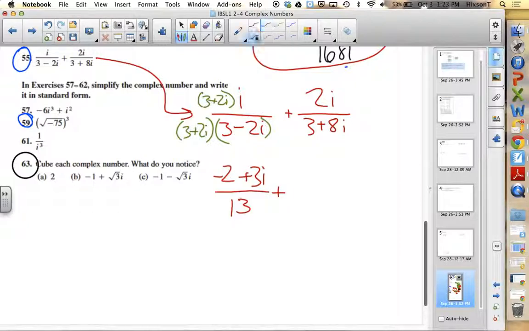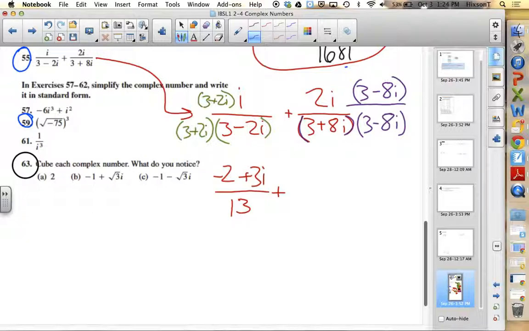Then for my second fraction, I have 3 plus 8i, so I'm going to multiply by 3 minus 8i over itself, because remember we have to be multiplying by 1.